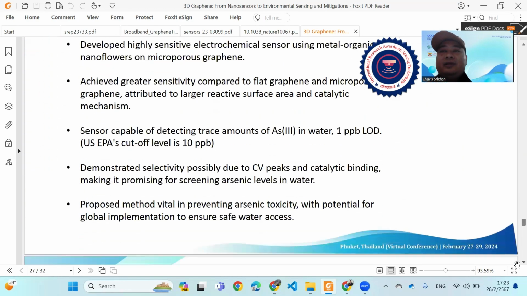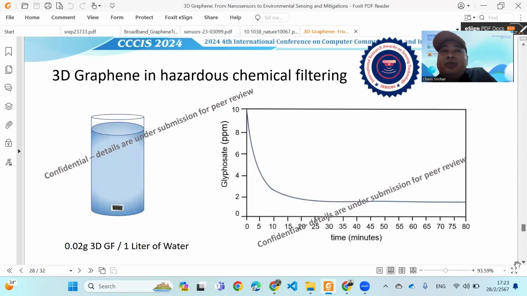So good. For mitigation, we tried this: we put a very small piece, with dimensions of 0.5 centimeter square and a thickness of 1 millimeter, of the graphene foam or the 3D graphene into 1 liter of water, and then we added glyphosate at very high concentration, like 10 ppm.